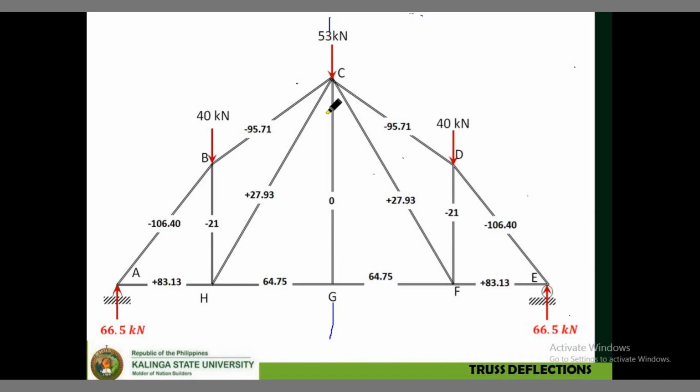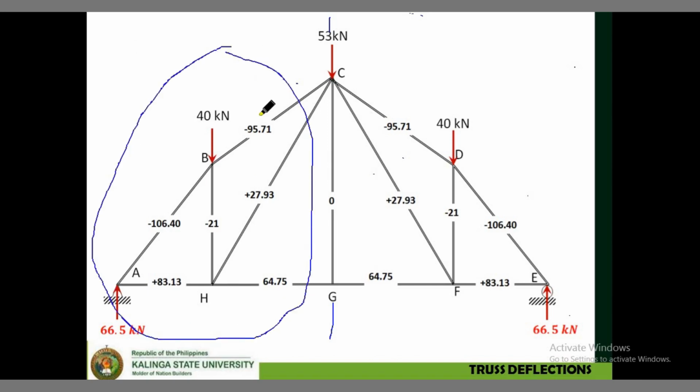So, kapag symmetric yung ating truss, mas madali natin siyang ma-solve yung mga bar forces kasi naka-mirror na lang siya. So, what I did here for this problem, I considered dito sa may left side ng aking truss, and then, in-mirror ko na lang dito yung kabila. Tapos mas nabibilis.